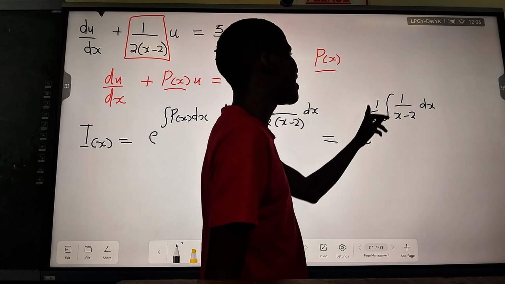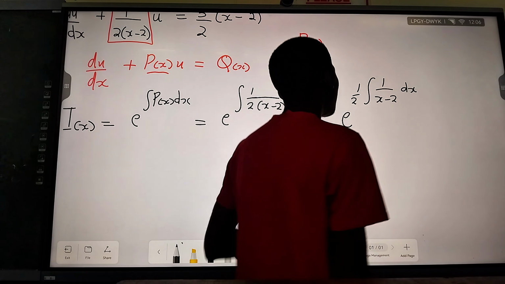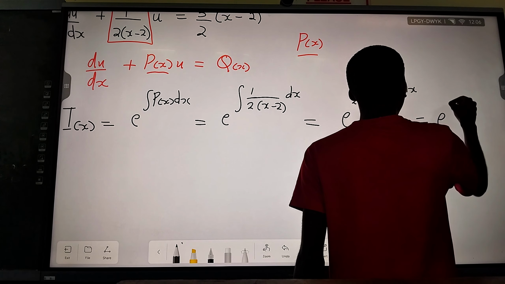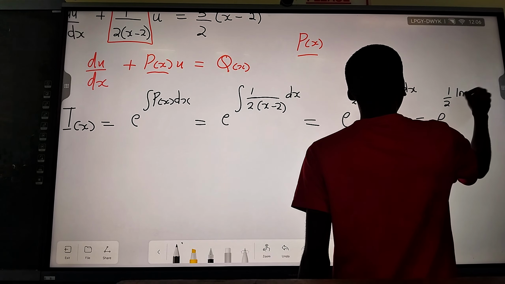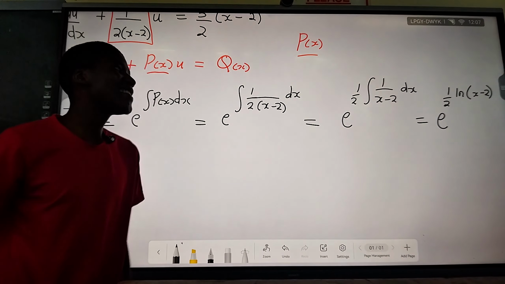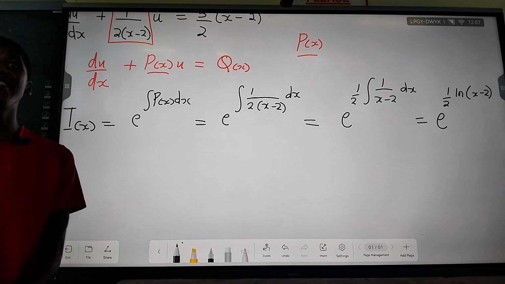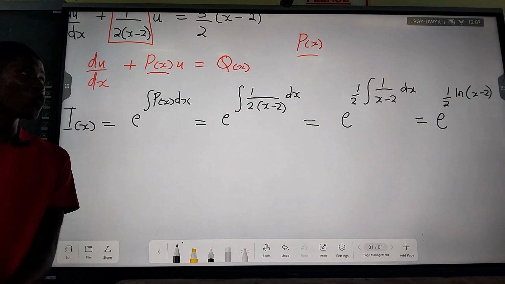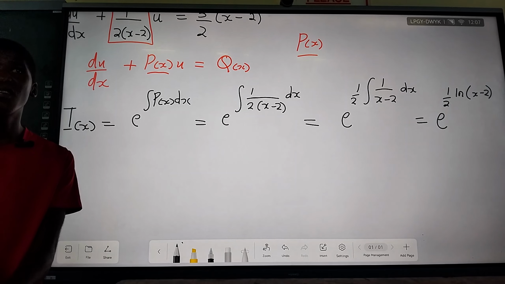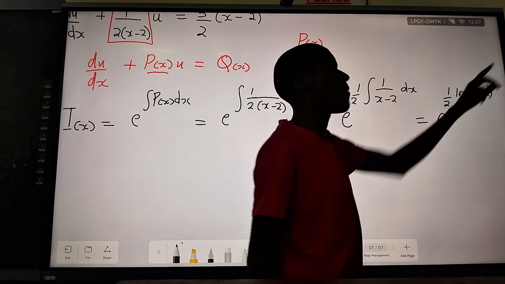This is easy to integrate. The integral of 1 over something is a natural log. So this is 1 over 2 ln of (x minus 2). But now, can we cancel e and ln? We have 1 over 2 as the coefficient, so let's move 1 over 2 up as a power.